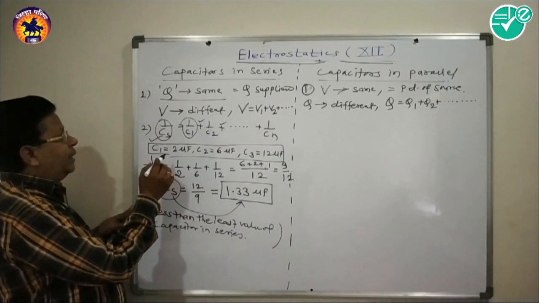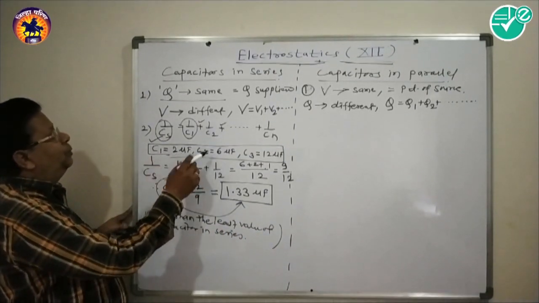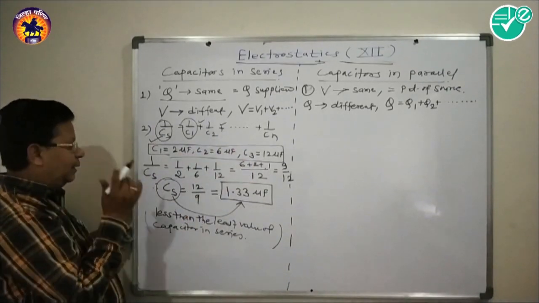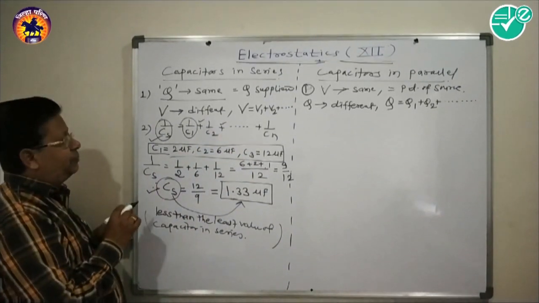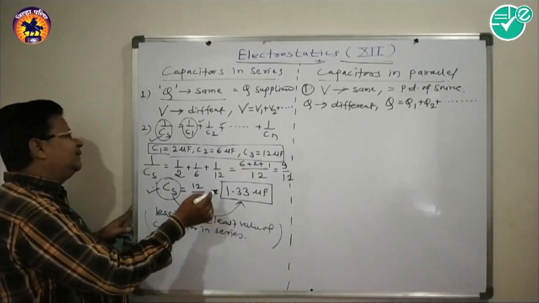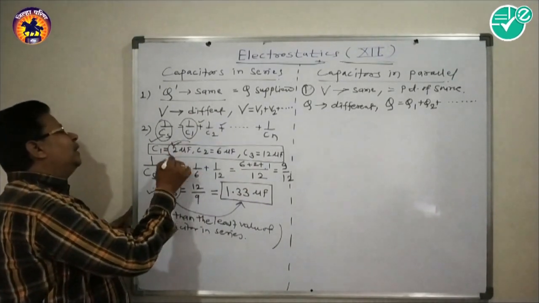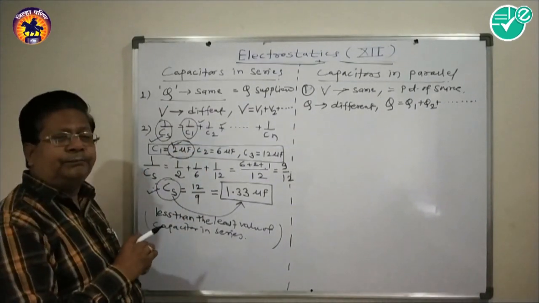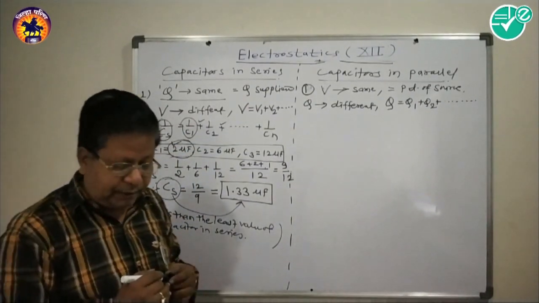So we have connected 3 capacitors in series, 2, 6 and 12, but the equivalent capacitance becomes 1.33 microfarad, which is less than the least value, that is 2 microfarad, in series combination.